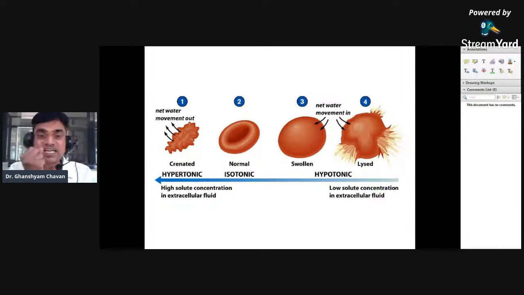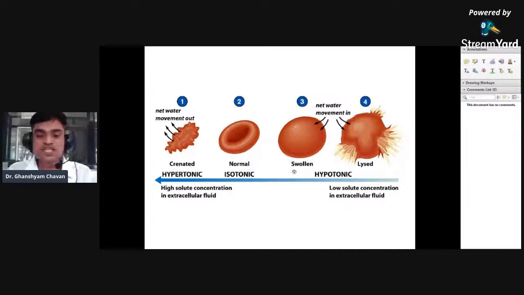In isotonic solutions, the RBC will retain its shape, which is a round shape. So it is called isotonic conditions.